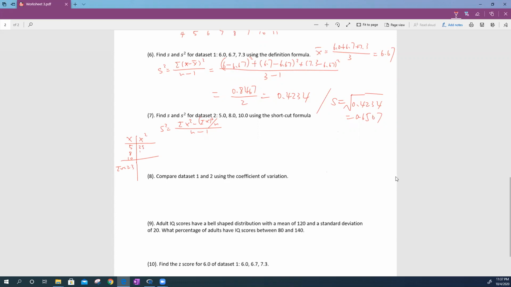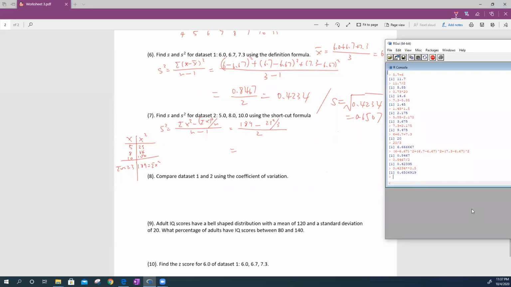So squared. So 5 squared, 8 squared, and 10 squared. Then we have 189, that is sum of x squared. Then plug in. So 189 minus 23 squared over 3, and over 2. So let's see what it is.